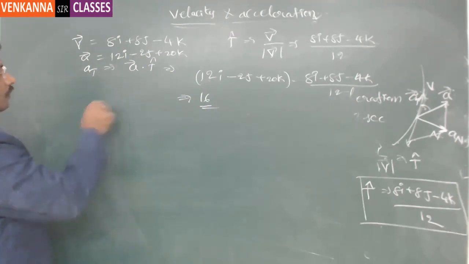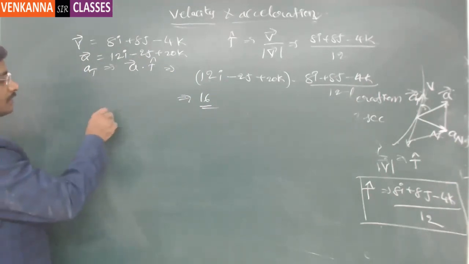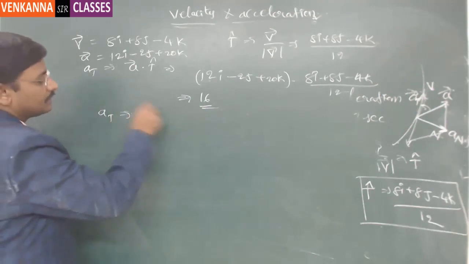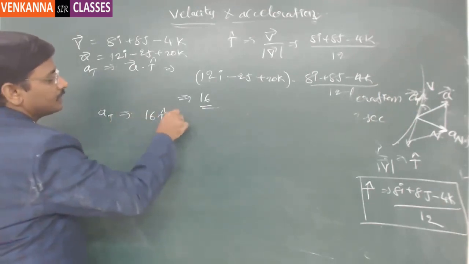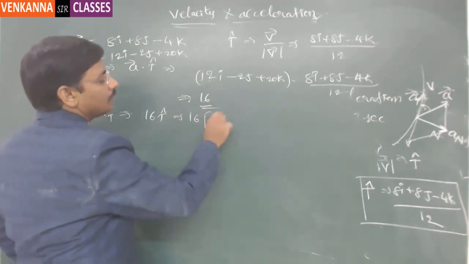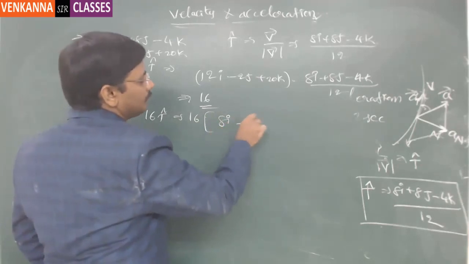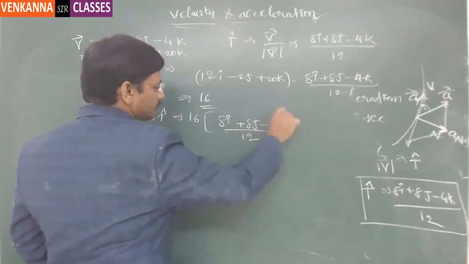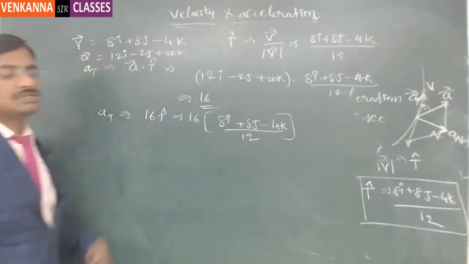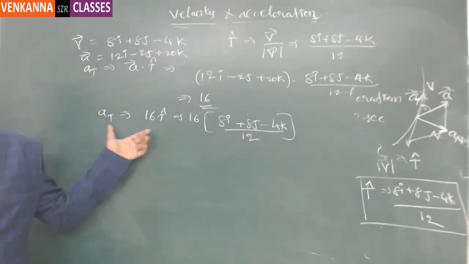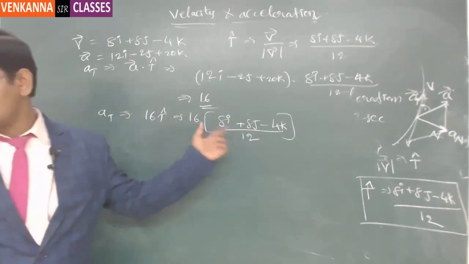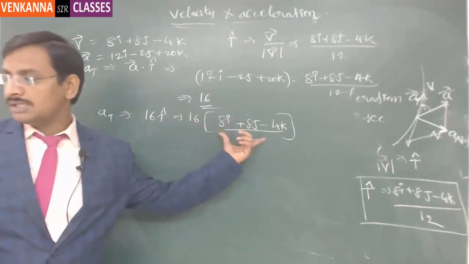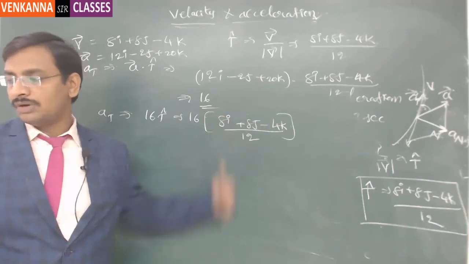Now, if you want it in the vector format, this is a tangential, which is nothing but 16 t cap. So this is 16 into, in vector form, 8i plus 8j minus 4k divided by 12. So this is the tangential vector. So this is the magnitude and this is the vector in total. Got it?